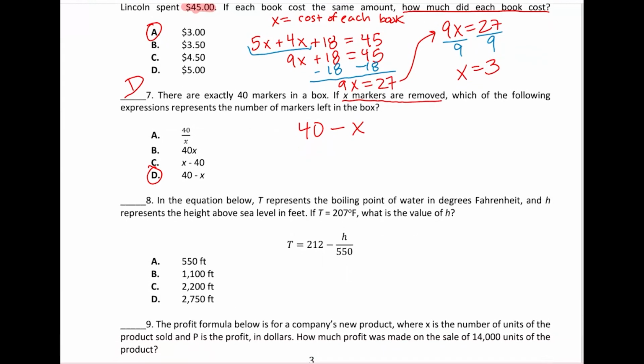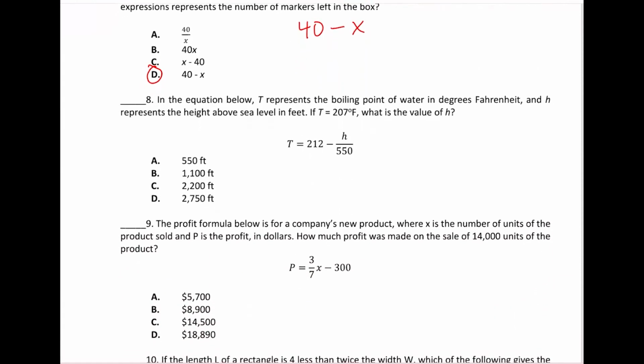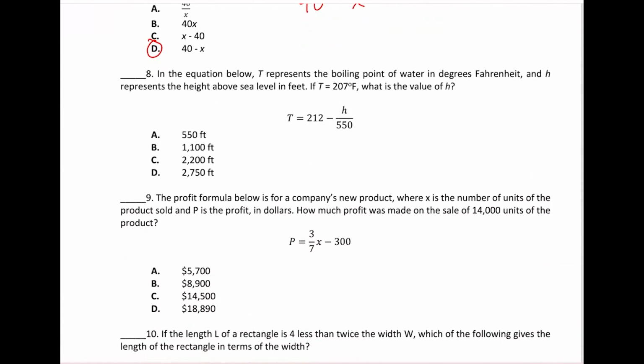Number 8 says in the equation below, T represents the boiling point of water in degrees Fahrenheit. H represents the height above sea level. If T is 207 degrees, what is the value of H? So here we're going to replace T with 207 and rewrite this equation as 207 equals 212 minus H over 550.